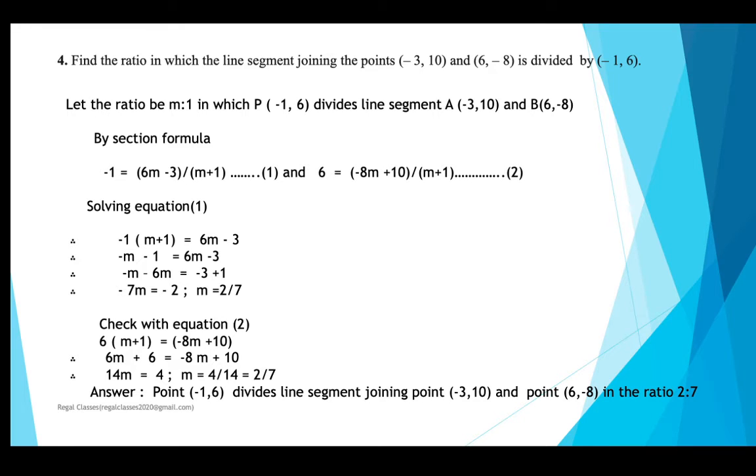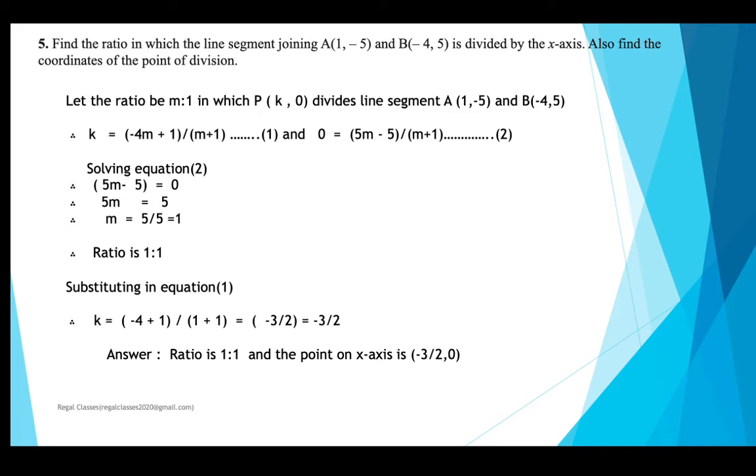One equation is for x, the other equation is for y. So it's extra information. Calculate m, substitute in equation 2 and check whether it's right. So you have the ratio is 2 by 7, and therefore point minus 1, 6 divides the line segment joining minus 3, 10 and point 6, minus 8 in the ratio 2 is to 7. 2 by 7 is to 1, so it becomes 2 is to 7.